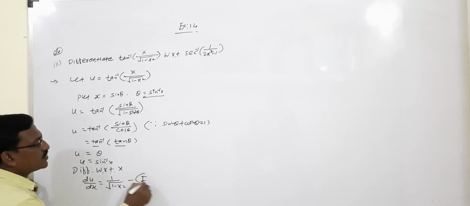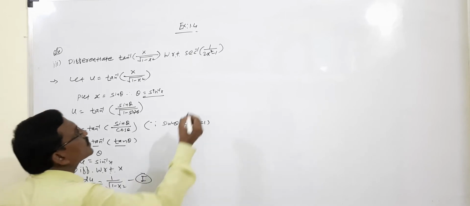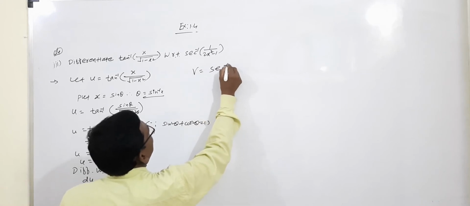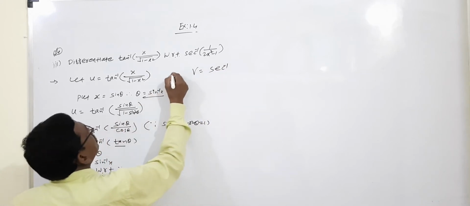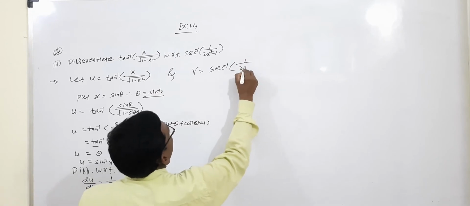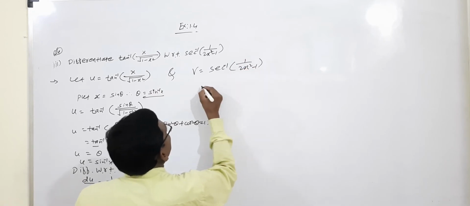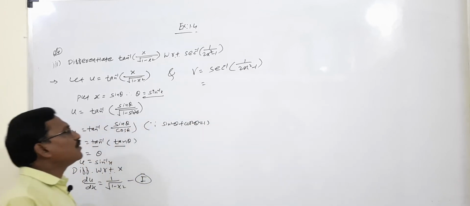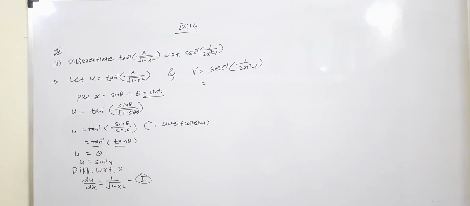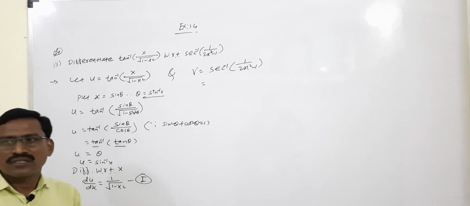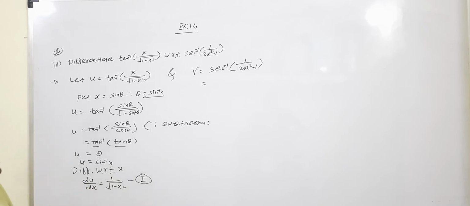Call this equation first. Now we take the second function, v, sec inverse of 1 upon 2x square minus 1. Whenever our function is sec or cosec, we take its inverse.